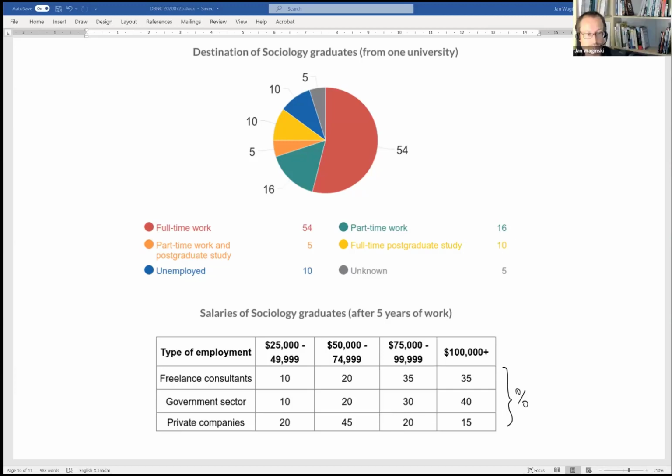Mm-hmm. So the majority, yes, found work full-time. And 10% is unemployed. Mm-hmm.